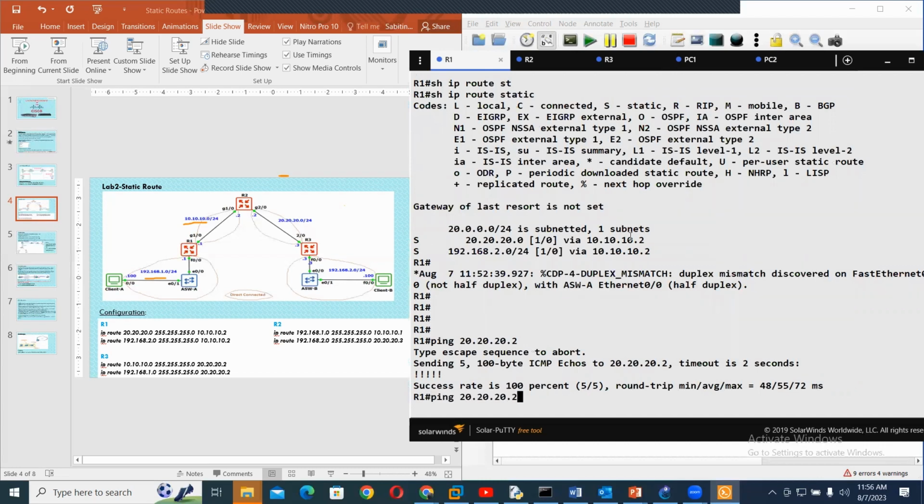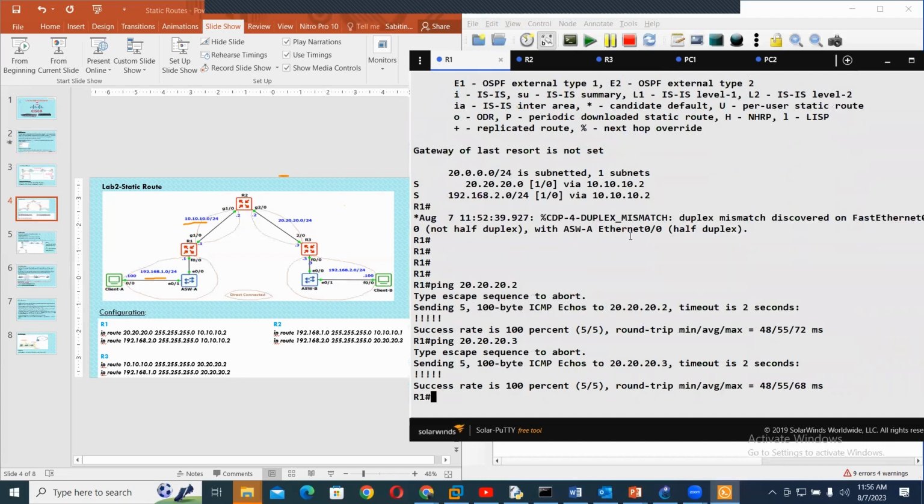Yes, I can access .2. .3, yes, I can access .3.